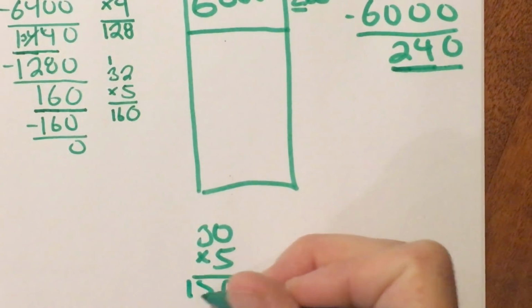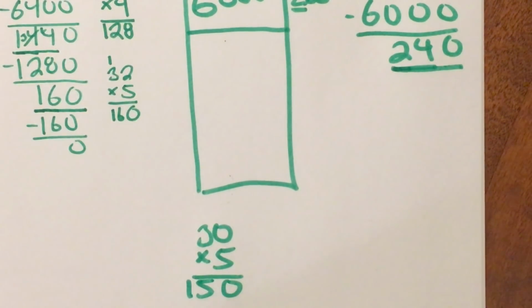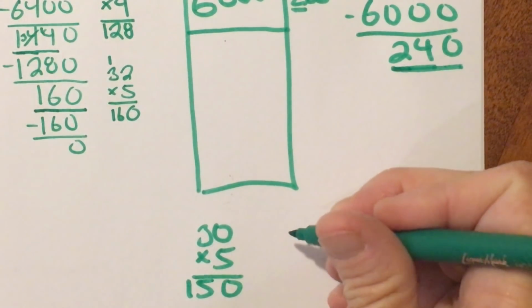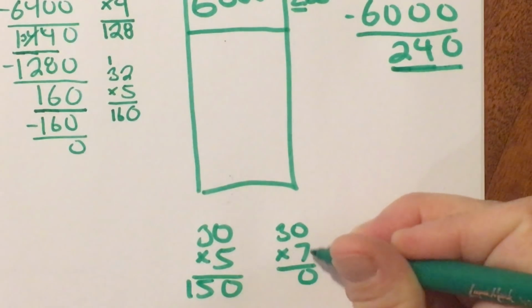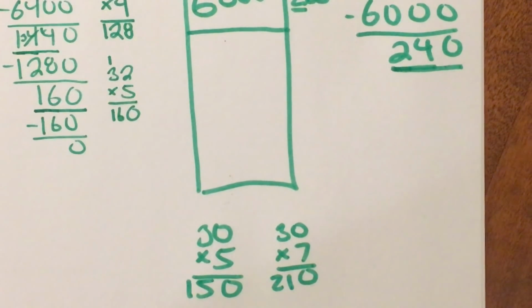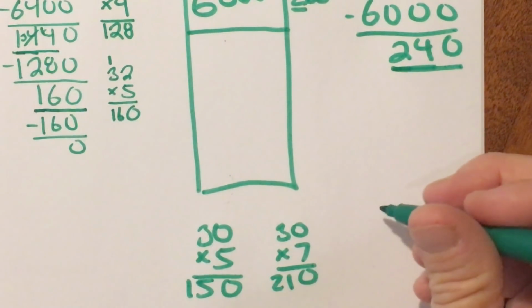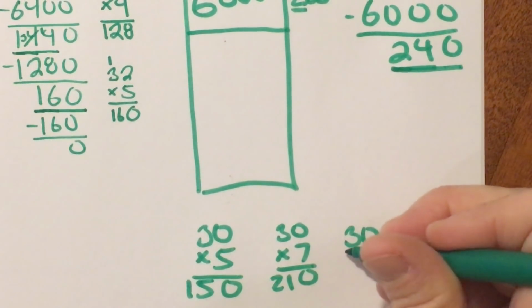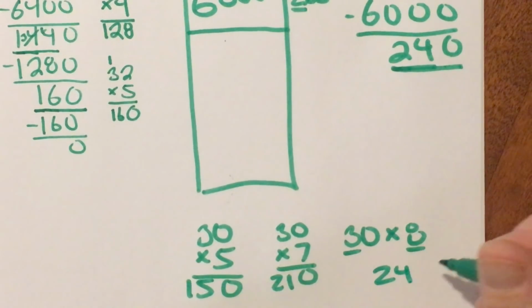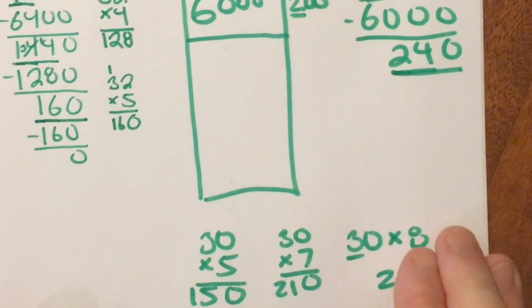5 times 3 is 15. Oh, it's going to be more than that. Maybe let's try 7. 30 times 7. 7 times 0, 210? Nope. Some of you might have figured out it might be easier if I did it this way. What about 8? 3 times 8 is 24, and then add a 0. So it's going to be 8 times.